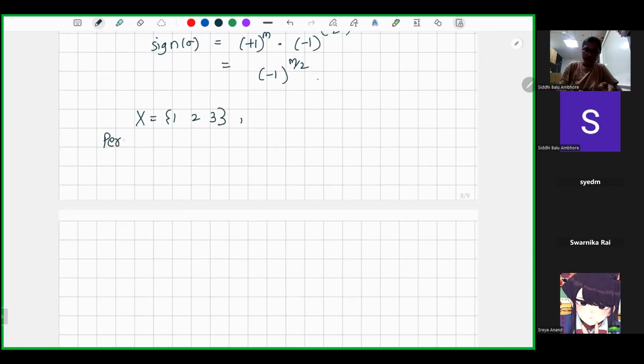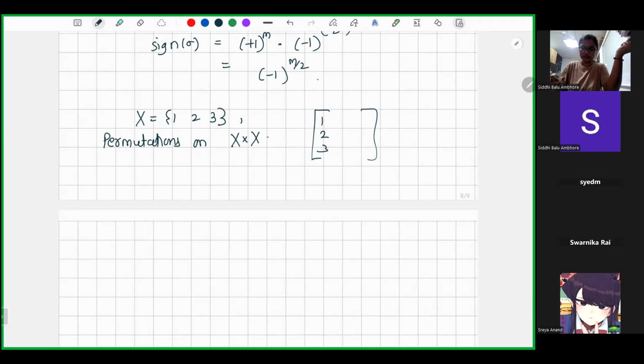So what will x cross x look like? It will be some kind of grid, a 3 cross 3 grid.